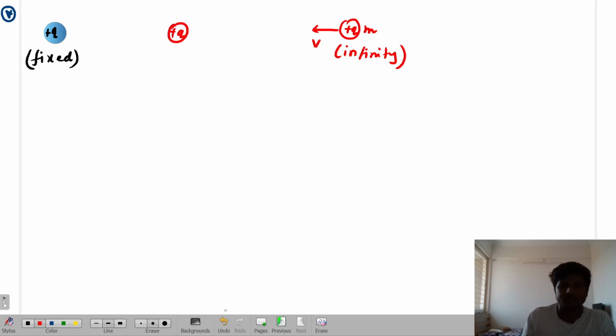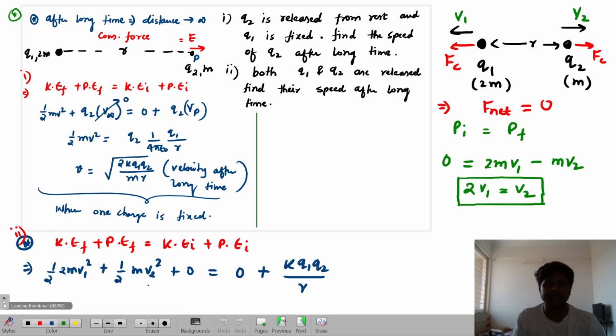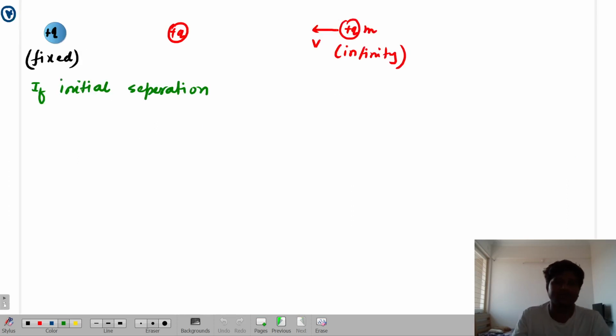So the question is very simple. The initial separation was infinite. In the previous question we did, the charges were going to infinity. Now the charge is at infinity.